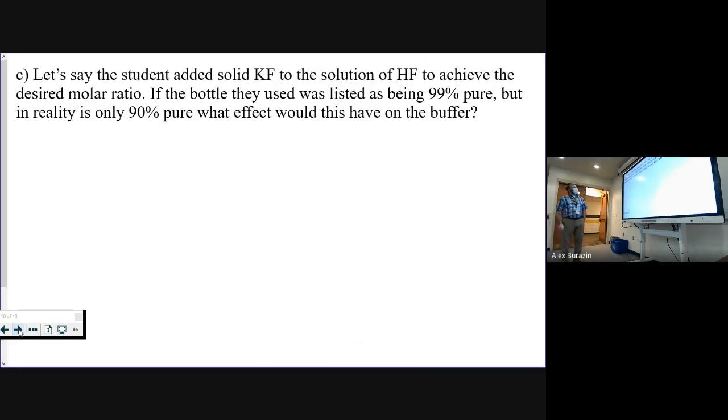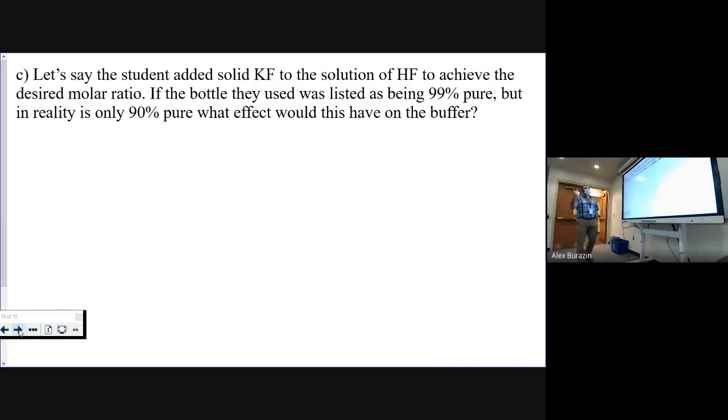Well, I am. Let's say that the student added solid potassium fluoride to the solution of hydrofluoric acid to achieve the desired molar ratio. In other words, we figured out it was 0.115 molar base to 0.1 molar acid. The student executes that in the lab.